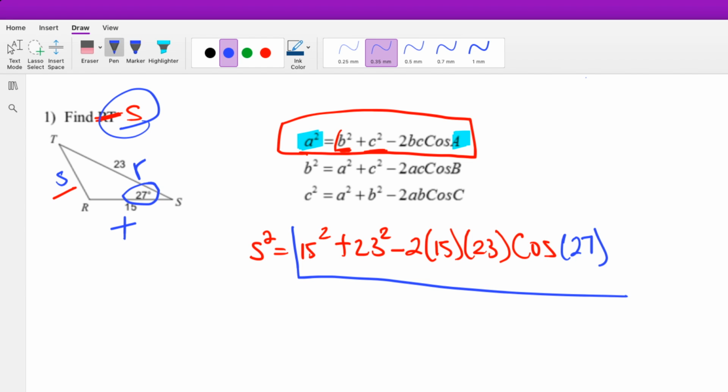Okay, so we do that and we get S squared equals 139.205, so I'm going to round this to 139.21. Okay, and now what do we do about this S squared? All we have to do is take the square root.